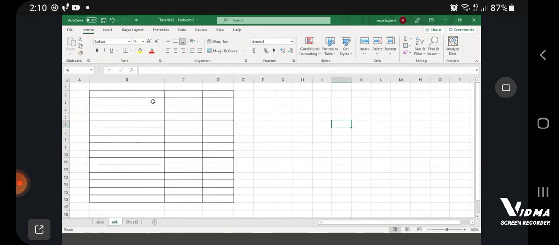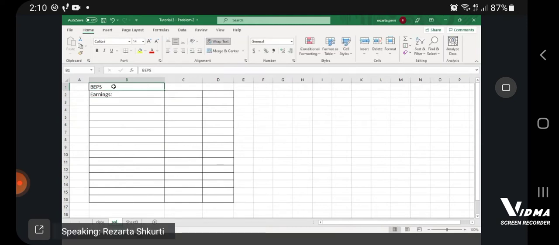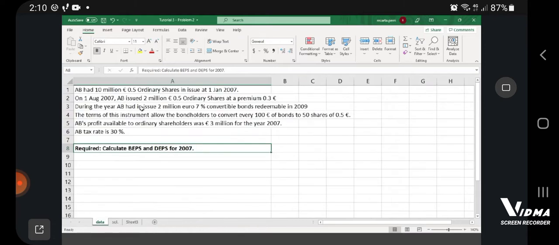So I will start right away with calculating the basic earnings per share using the same approach as before. First of all, I will try to determine the amount of earnings available to common shareholders. Let's have a look at the information that we have here, and we see that the company has provided very detailed information.